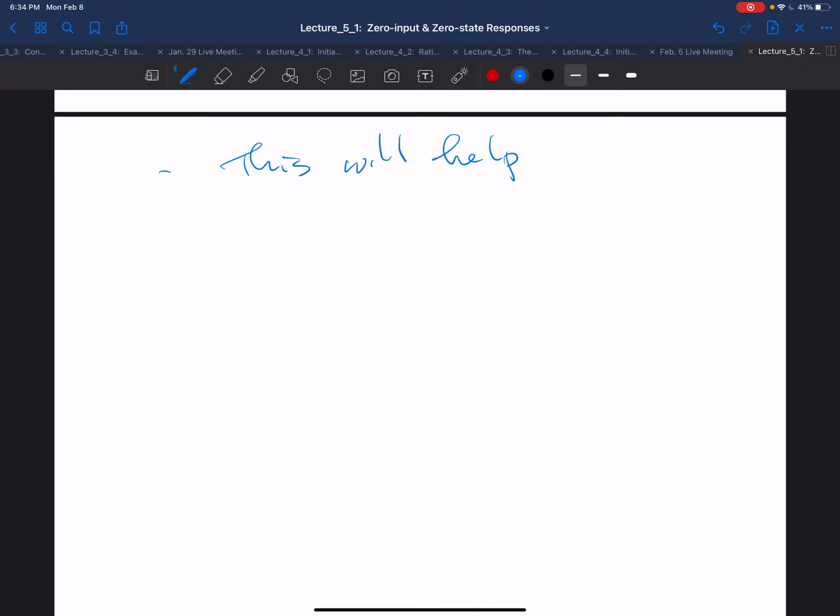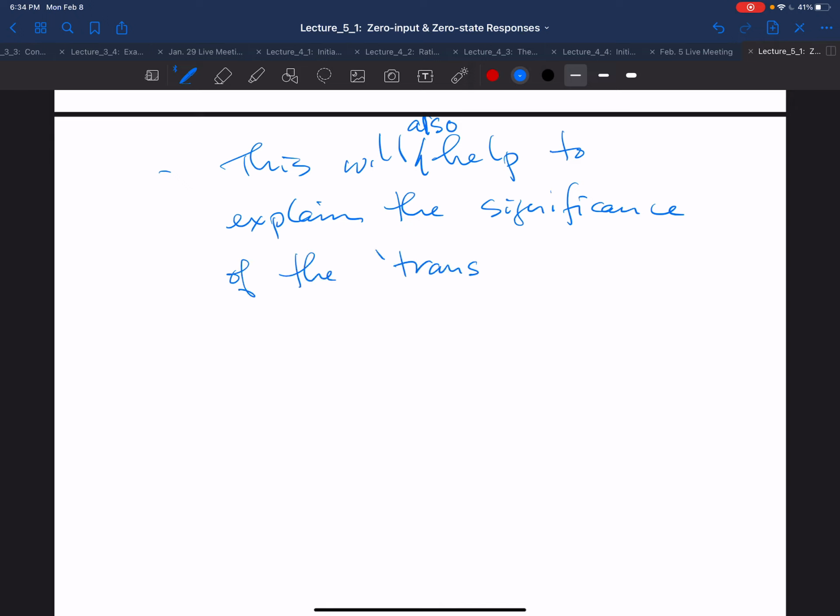Introducing this unit impulse function will help to explain the significance, let's say that it will also help, because it's not only going to let us relax the assumptions that we were using earlier, but it will also help to explain the significance of this transfer function that determines the zero state response.